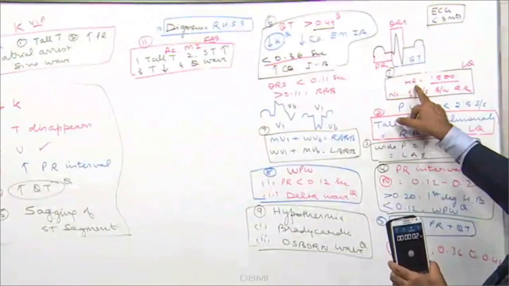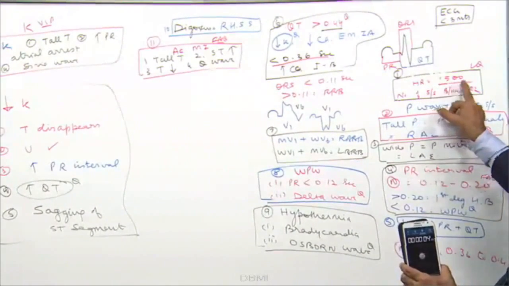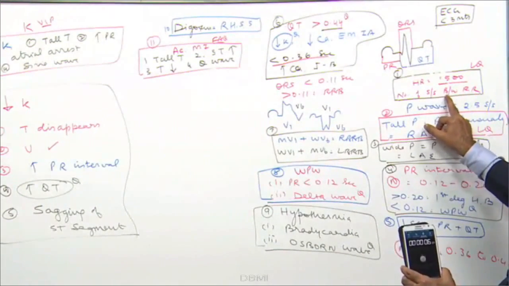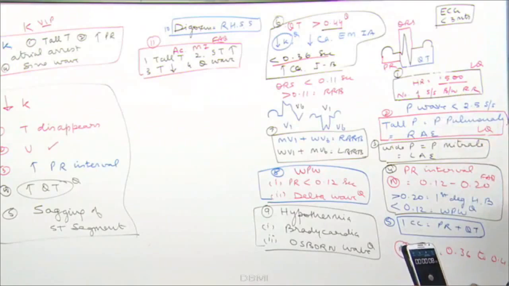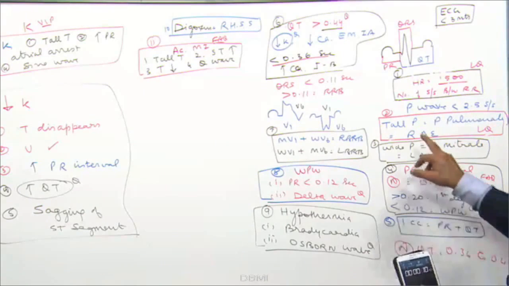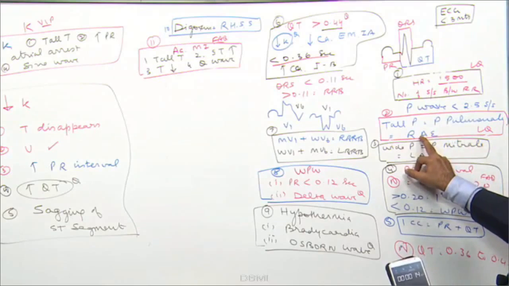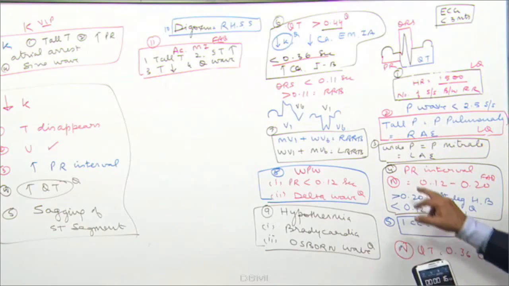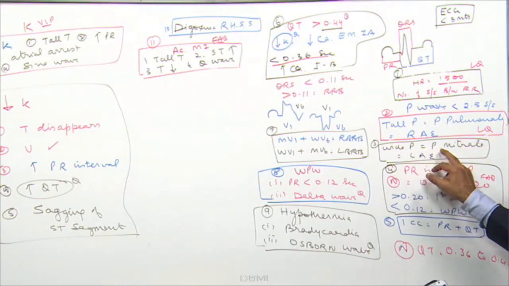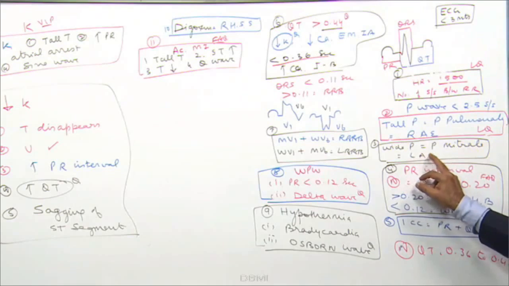How to calculate heart rate? 1500 divided by the number of small squares between RR. All of you listen, don't speak. Tall P wave is P pulmonale, that is right atrial enlargement. Wide P wave is P mitral, that is left atrial enlargement.